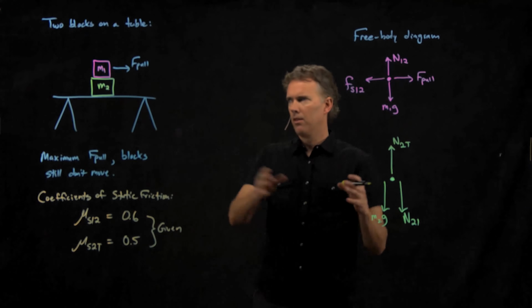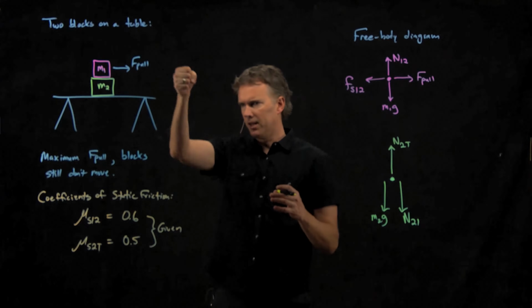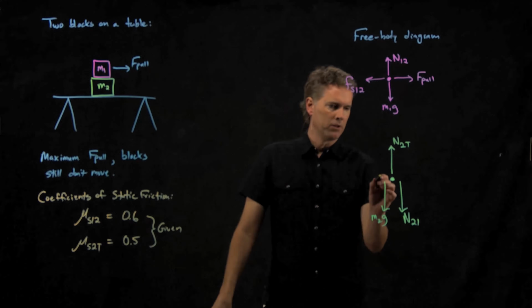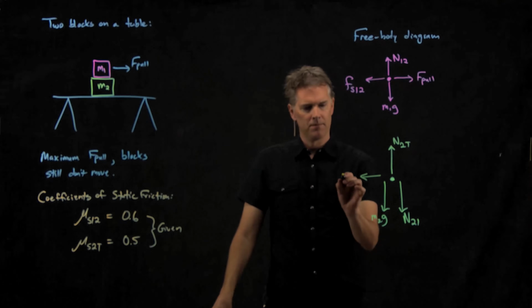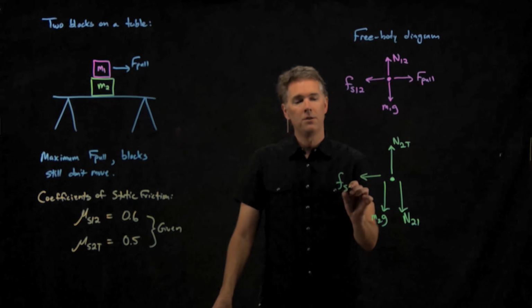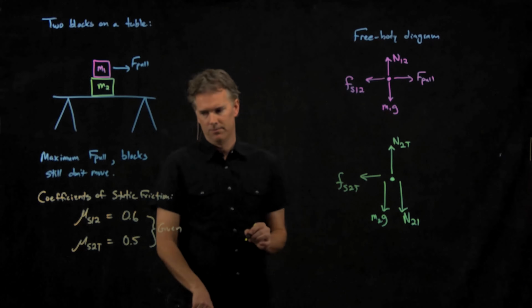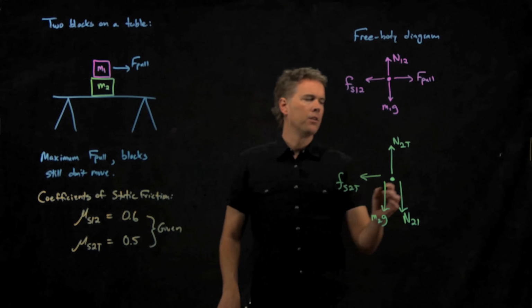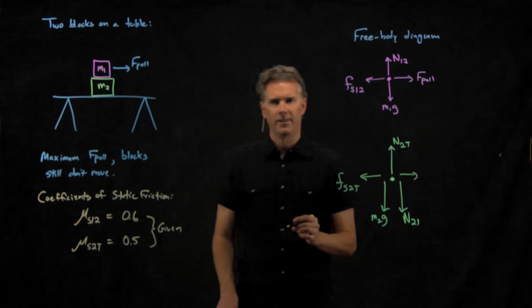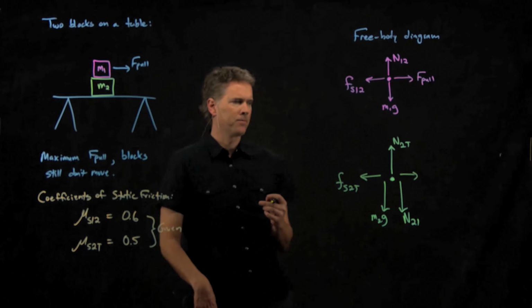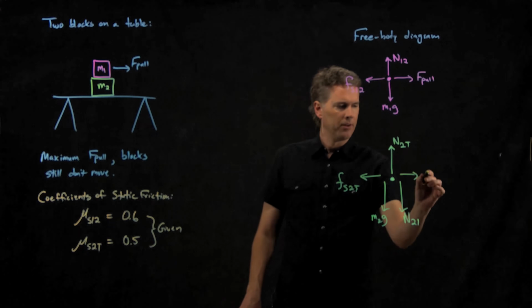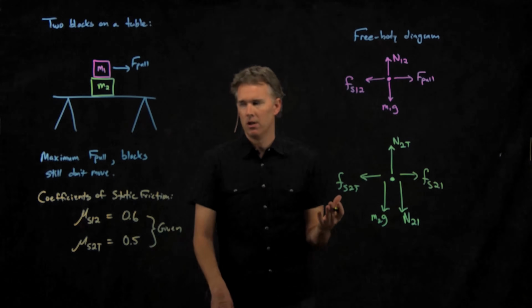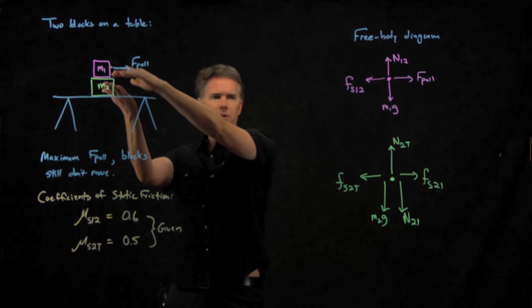But we know that there's somebody trying to pull on this thing, and so there's got to be something else holding this whole thing in place, which is static friction on 2 due to the table. And then there is some force to the right to balance that out, which is what? It's F sub S 2, 1, the static friction on 2 due to block 1.